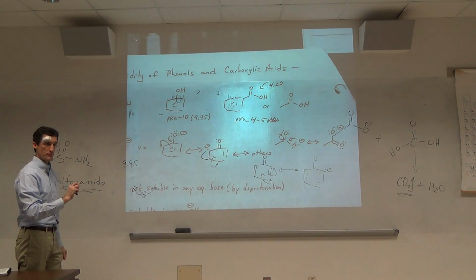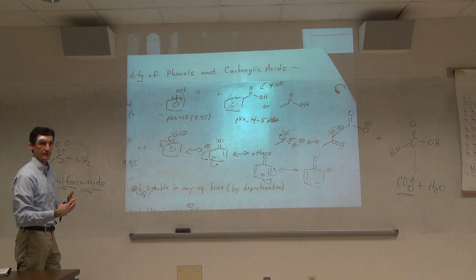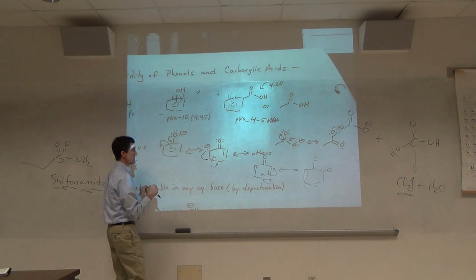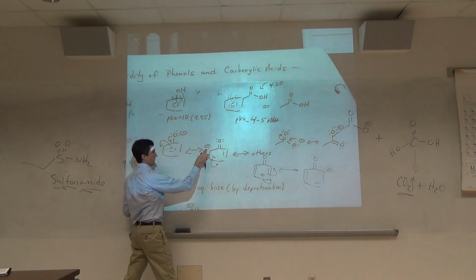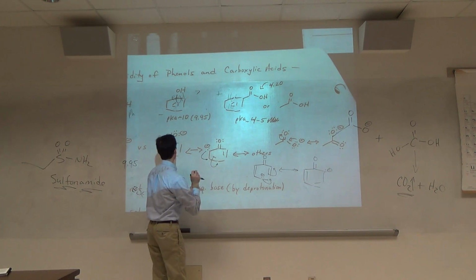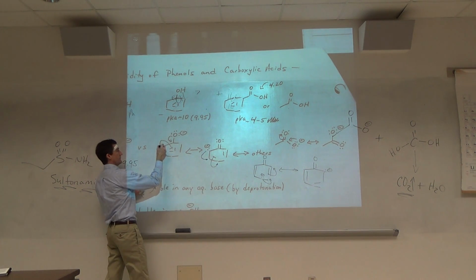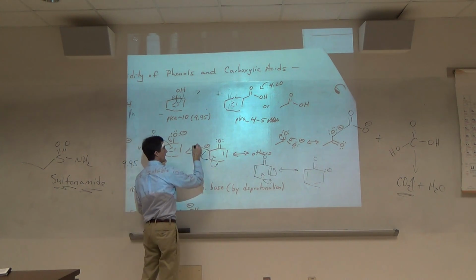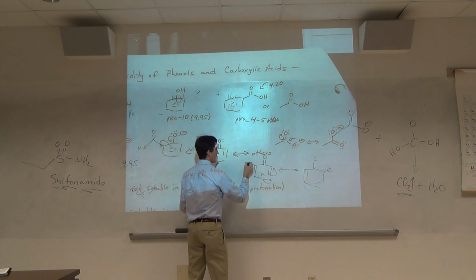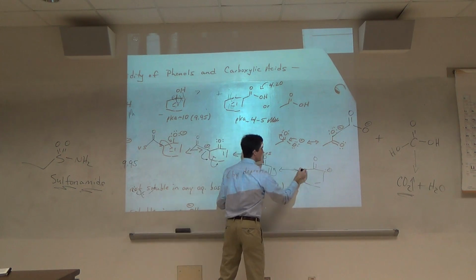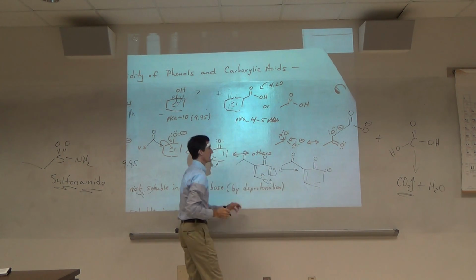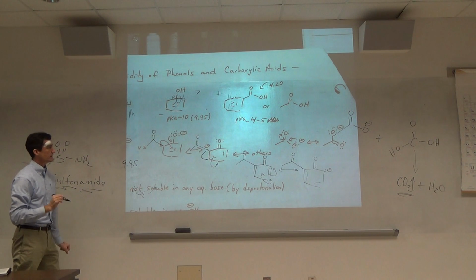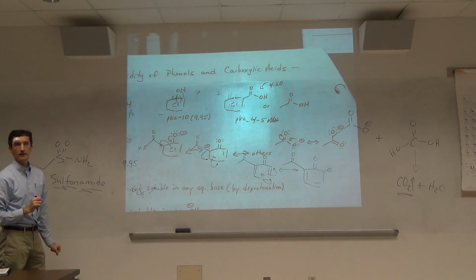If you want a group to do resonance and really have an effect, where do you want that group to be? You want the group to be there. For example, if I was to put on a ketone here, can we draw an additional resonance structure now?